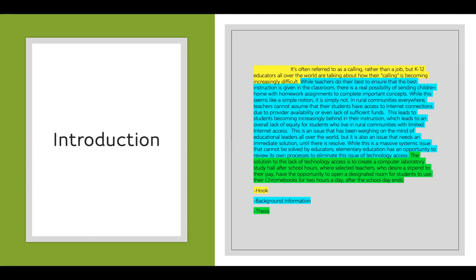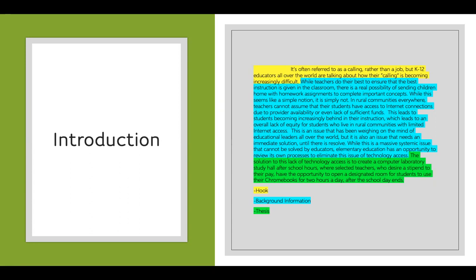It's often referred to as a calling rather than a job, but K through 12 educators all over the world are talking about how their calling is becoming increasingly difficult. While teachers do their best to ensure that the best instruction is given in the classroom, there is a real possibility of sending children home with homework assignments to complete important concepts.